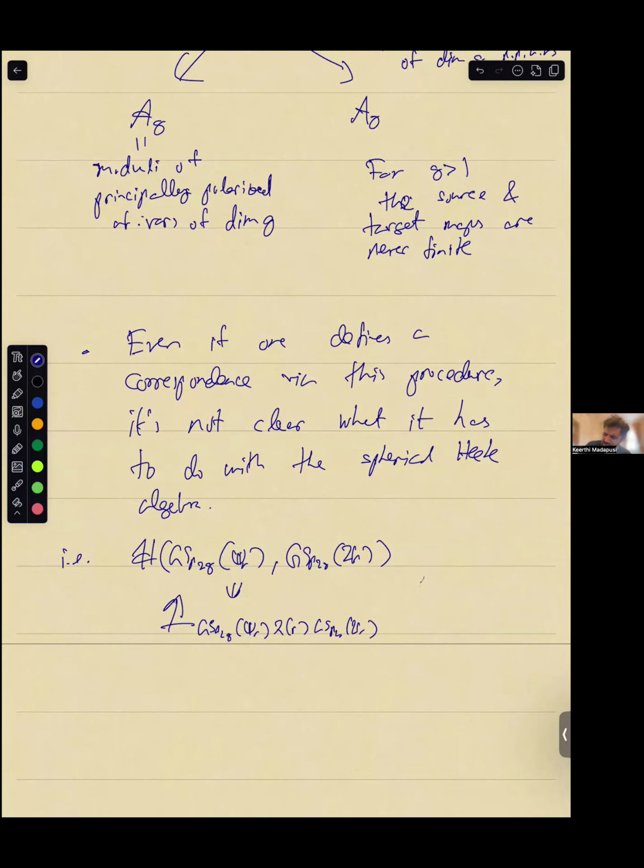And you can ask, what is the action of this element?